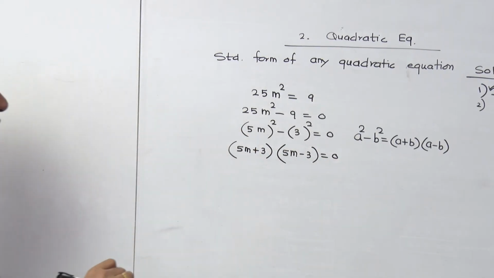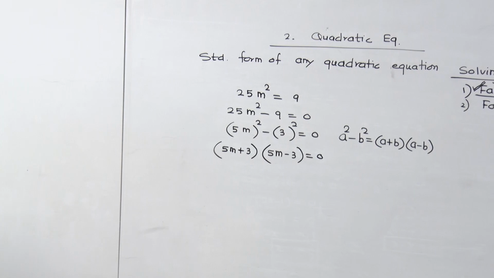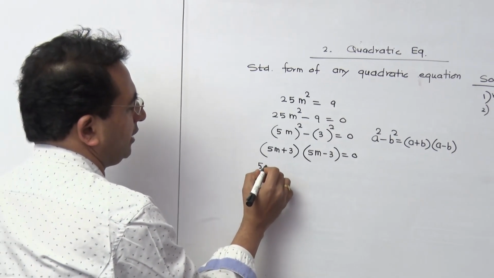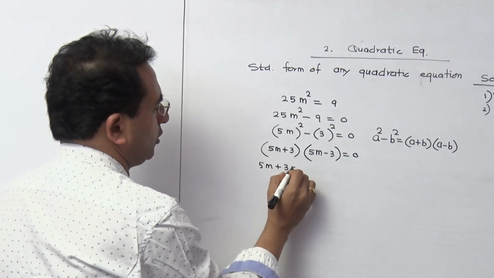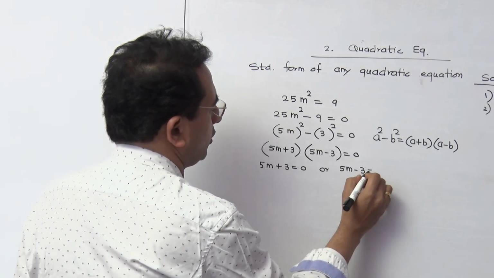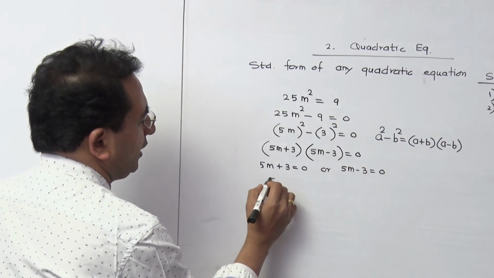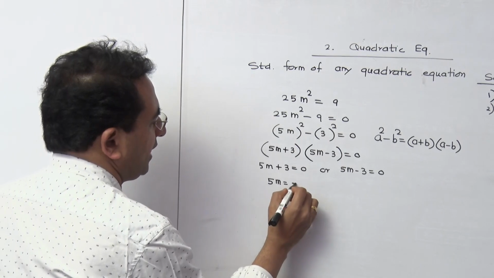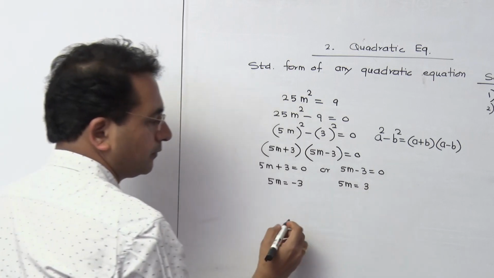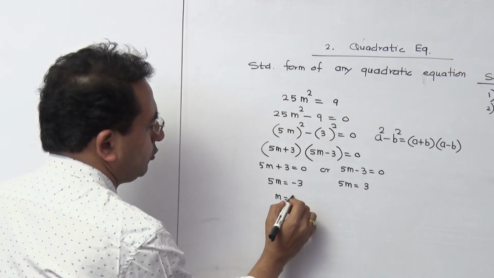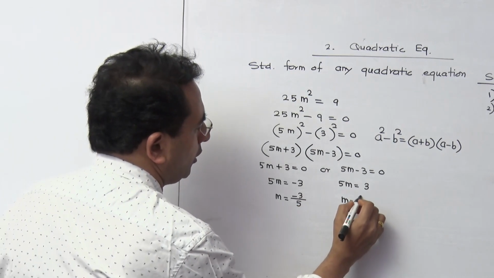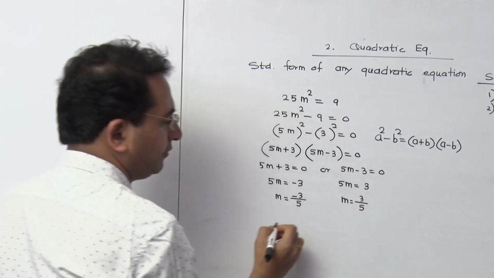This is the right method of solving it. And now it is as per the earlier question. Either 5m plus 3 is equal to 0 or 5m minus 3 is equal to 0. So 5m is equal to minus 3 and 5m is equal to 3. So m is equal to minus 3 by 5 and m is equal to what? 3 by 5.